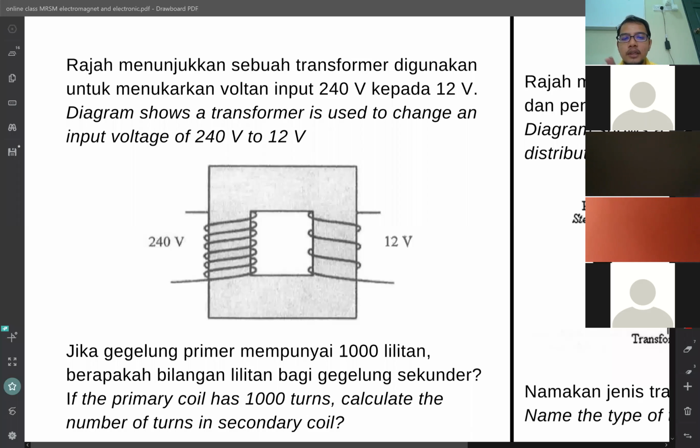First you see the number of turns becomes decreased, and you see the volt from 240 to 12. How many times did the volt reduce? From 240 volt it decreases to 12 volt. How many times is the decrease?